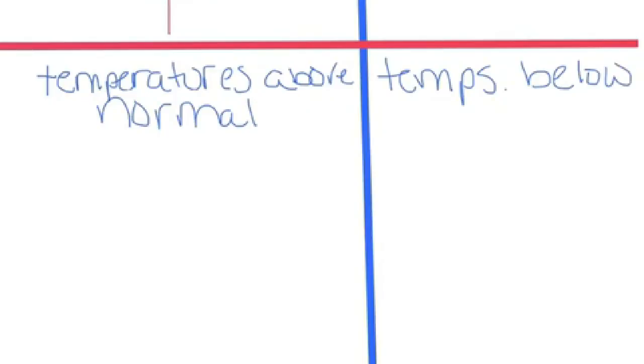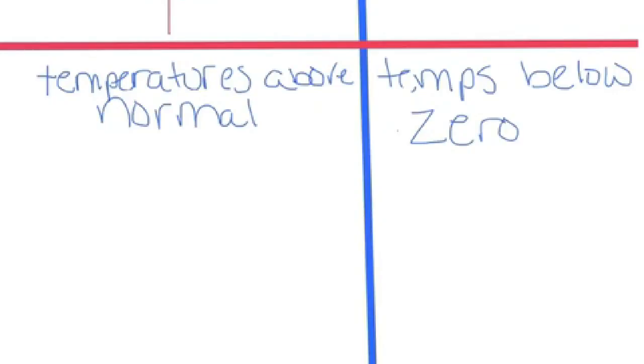Freezing is 0, oftentimes, but the freezing is 32 degrees, so I better not say that, because I might confuse you. Let's say temperatures below 0. Those are negative.